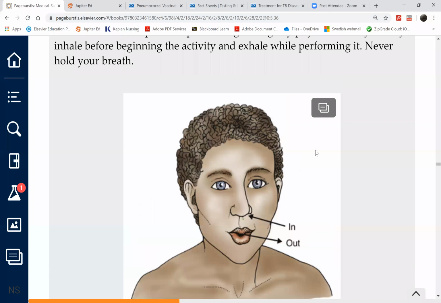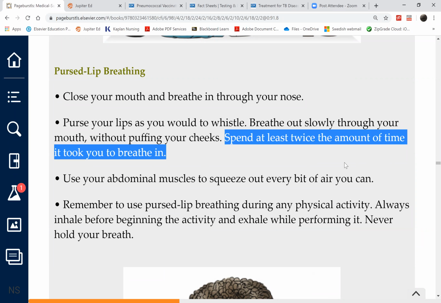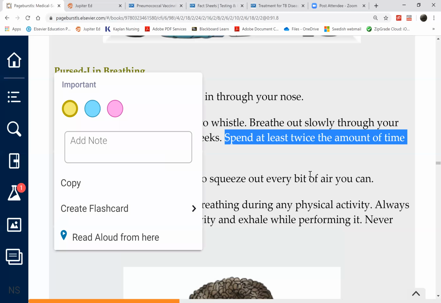In pursed lip breathing, you extend the exhalation phase up to 4 seconds or even less. So you can go 1 second to inhale, and then 2 seconds, 3 seconds, or up to 4 seconds to exhale. Okay, so as stated here, spend twice the amount of time when you breathe out. So at least twice the amount of time, so that's 2 seconds or even 3 or even 4, right?